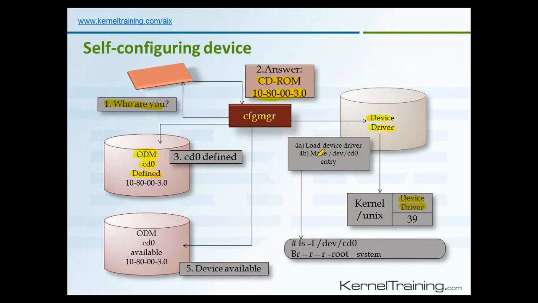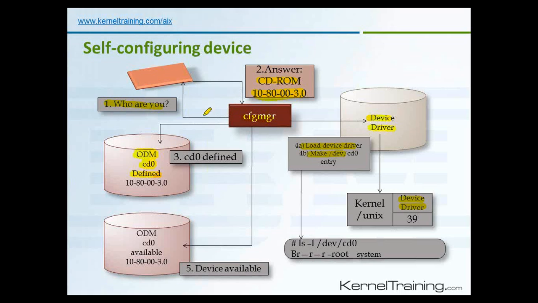Then it will make an entry in /dev. As I told you at the beginning, all the device information is maintained inside /dev. Up till now, it wasn't having any device driver. What happened is we had a CD-ROM, we ran cfgmgr, questions were asked, answers received.